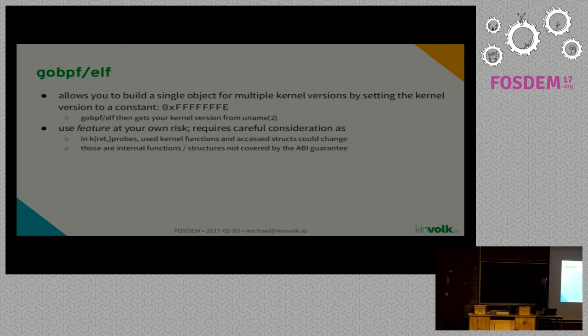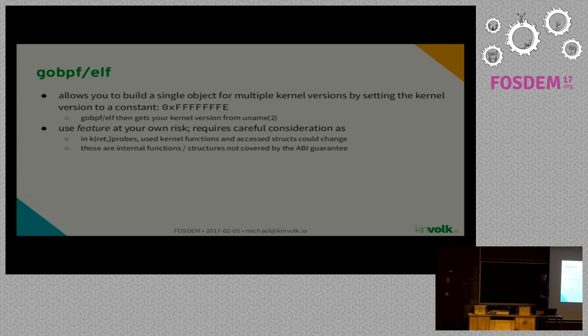A nice or tricky feature of Go.mp4 is that you can create your program for multiple kernel versions. Usually you have to tell the kernel when you load a program for which version it was written, because the kernel will only accept a program which was written exactly for the version you are running. And this can be tricky when you have a patch release of the Linux kernel. You maybe don't want to recompile your program.